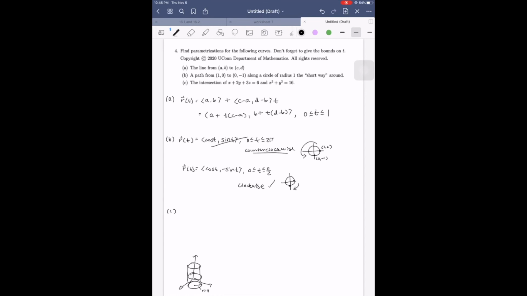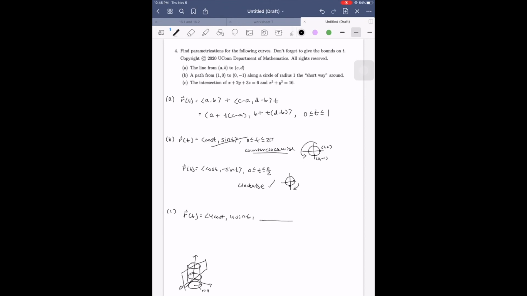And we can imagine a plane going through here, a rough sketch. Given our radius of 4 and the equation for a circle, we know that it is 4 cosine of t and 4 sine of t for x and y respectively.